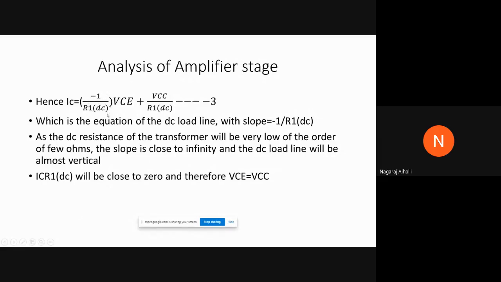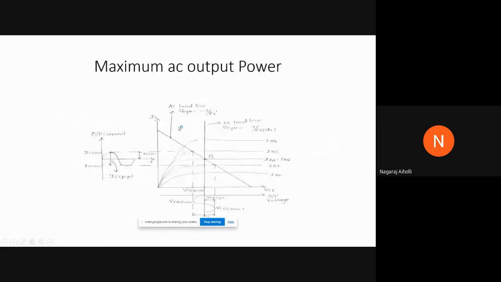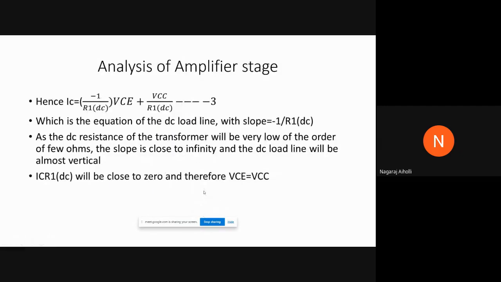Okay, slope of the AC load line, -1 upon RL dash or -1 upon RAC. Fine. Then here this is the Q point that we have obtained. At the Q point, on the x-axis, VCEQ is equal to VCC. This we have derived in our previous class of the DC analysis of the transformer coupled class A amplifier.